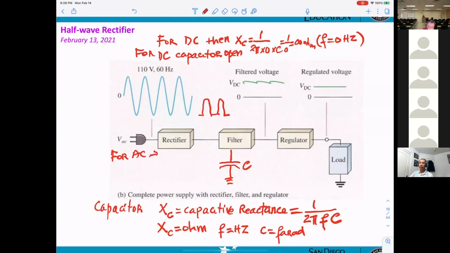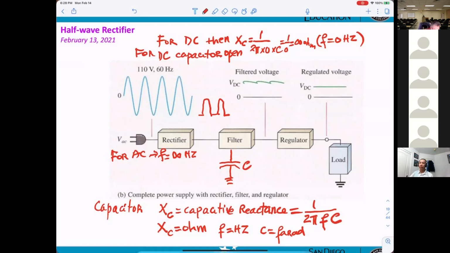Now for AC, what does frequency equal? 60 hertz. Given 60 hertz, yeah, you can say 60 hertz, 1 kilohertz, 10 kilohertz, or whatever number. However, I say F equals infinity, so no one can say any number bigger than that.